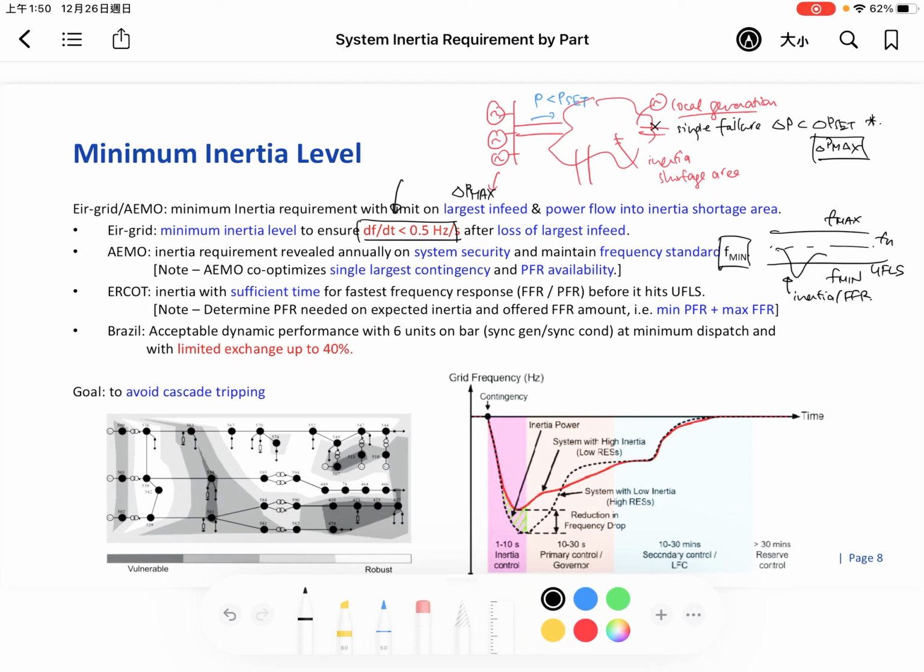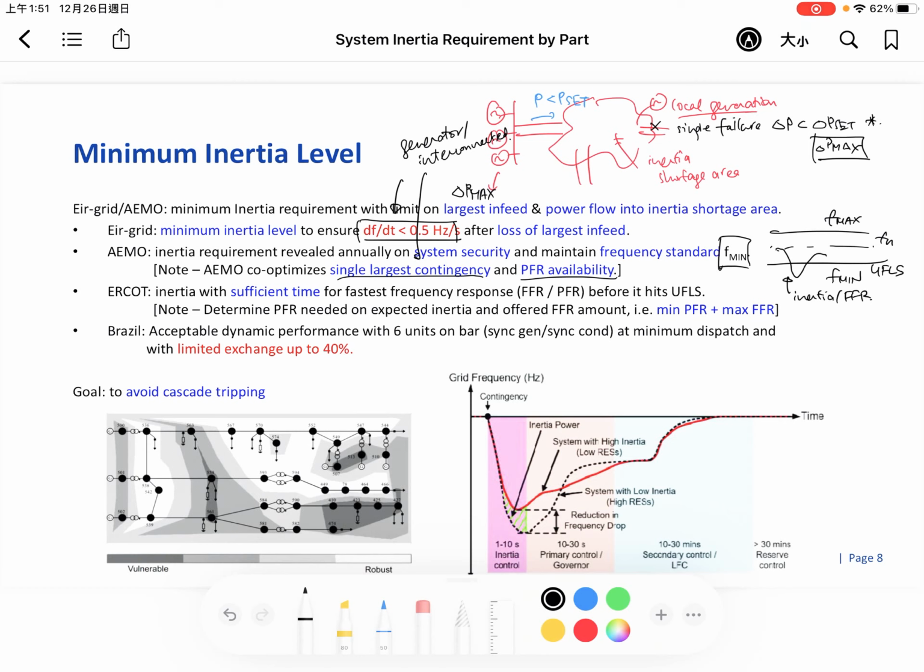EMO says that it co-optimizes the single largest contingency, which is to limit the generator or interconnection's power flow, and the primary frequency response or reserve availability.